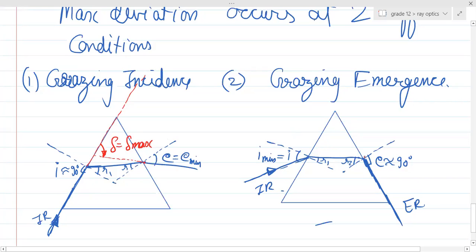Similarly, this light ray will go like this. This light ray will go like this. So can you see, guys, again? This is the maximum.